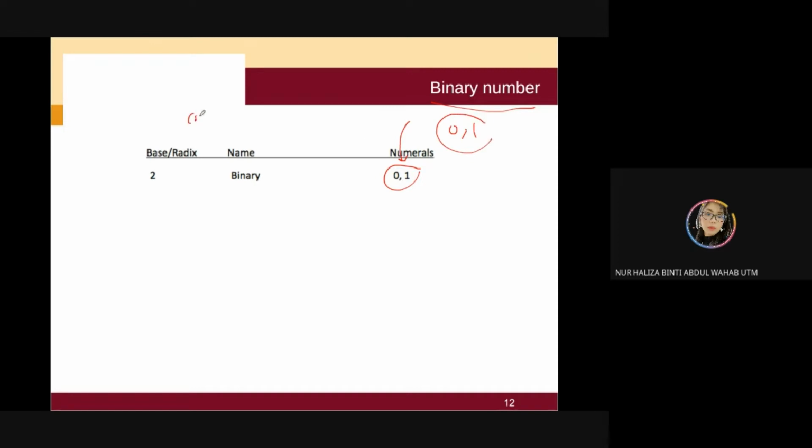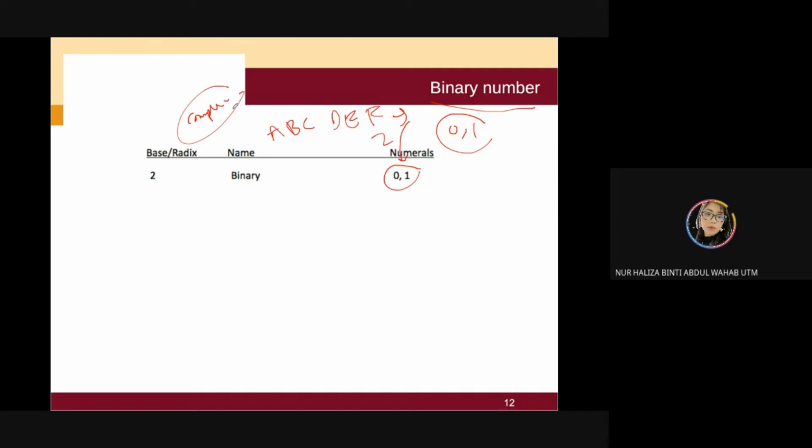Although you type A, B, C, D, E, F until Z, or whatever you type, saya, house, lapar, food, your computer did not understand.